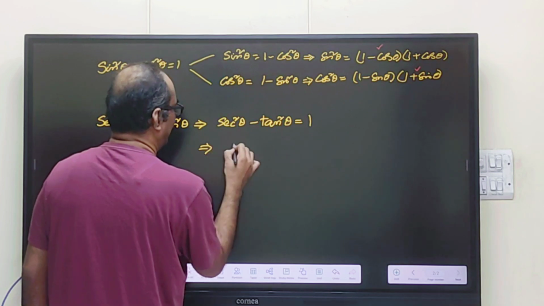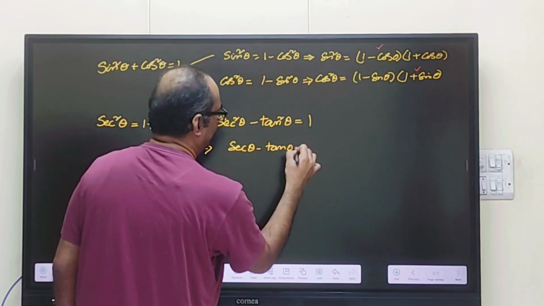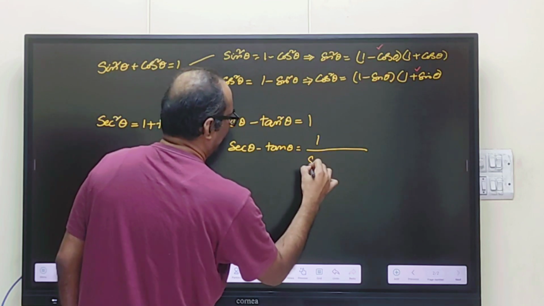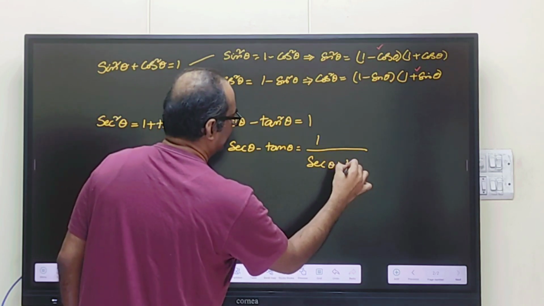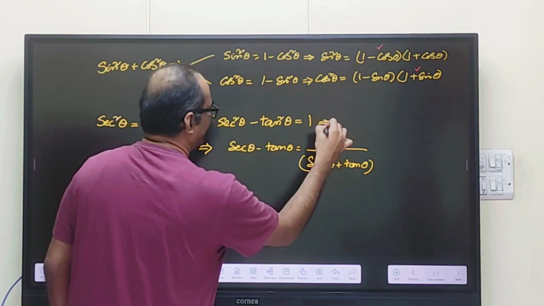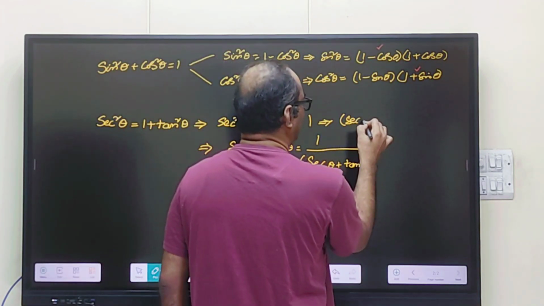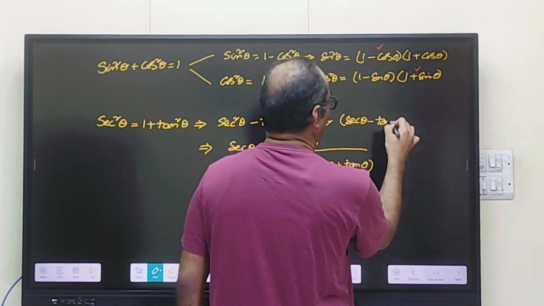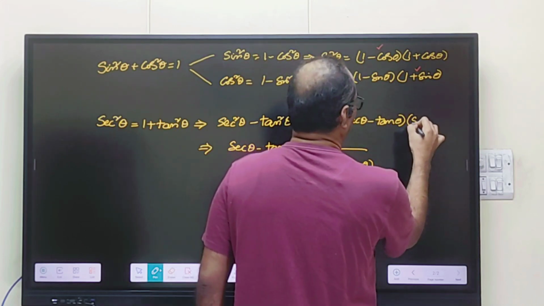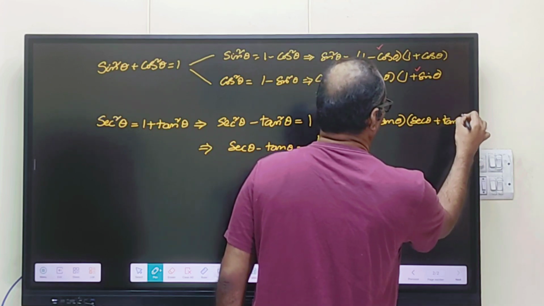That means we can write secant theta minus tan theta equals 1 by secant theta plus tan theta. How did we get that? Because a square minus b square is 1, we can write a minus b into a plus b equals 1. So secant theta minus tan theta into secant theta plus tan theta equals 1.